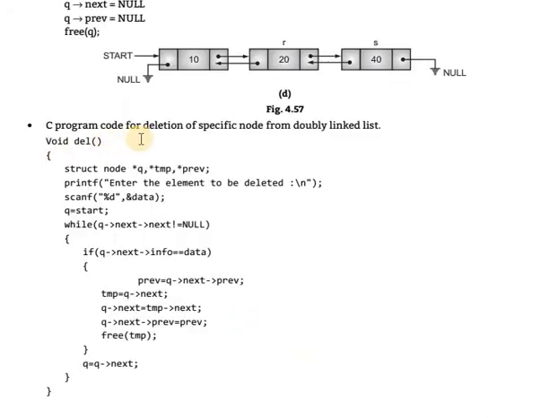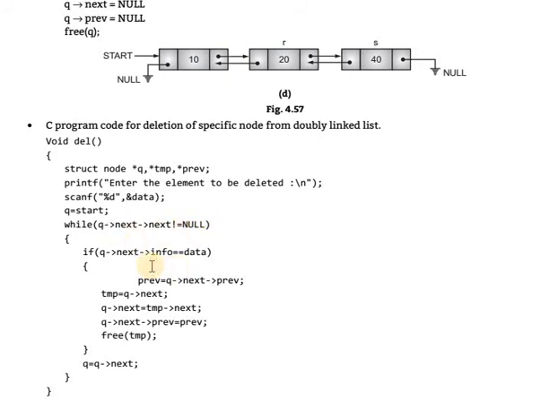C program code for deletion of a specific node from a doubly linked list. While taking the functions, struct node Q, temp, and previous, three pointer variables are taken. Enter the element to be deleted, which is entered in the data variable, and after that start is initialized as Q, while Q next is not equal to null.